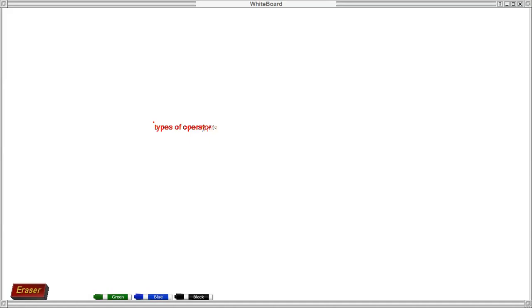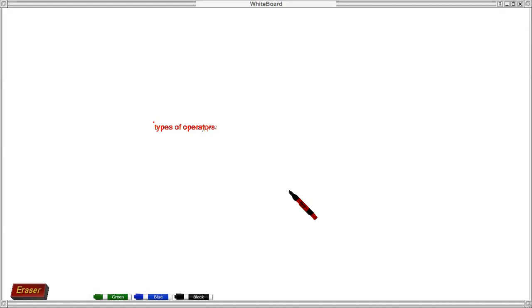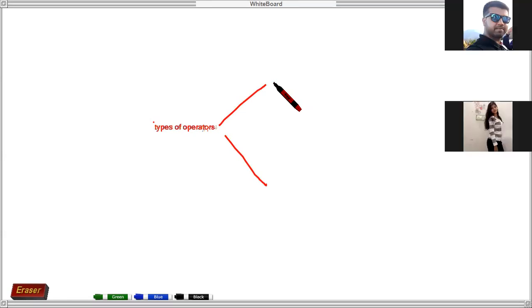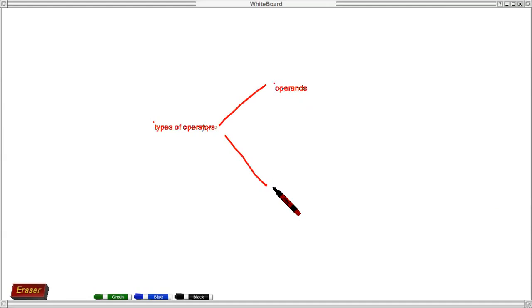They have been categorized into different categories depending upon the kind of work that we are dealing with. What are those? Number one is the total number of operands, and the next part is the functionality.